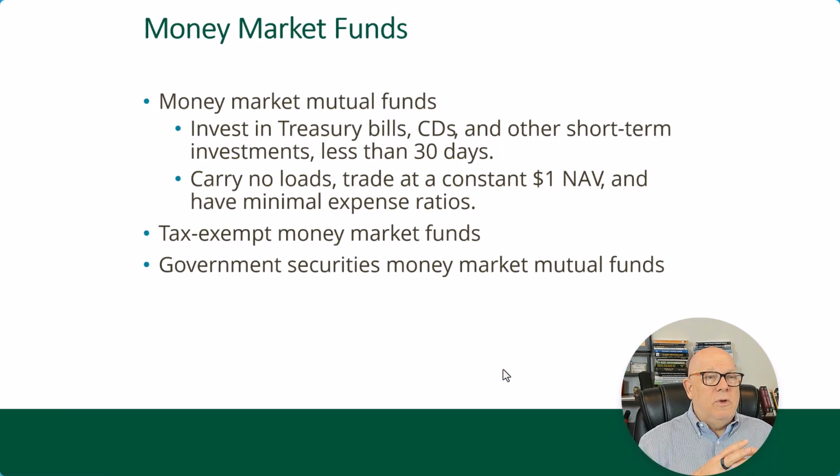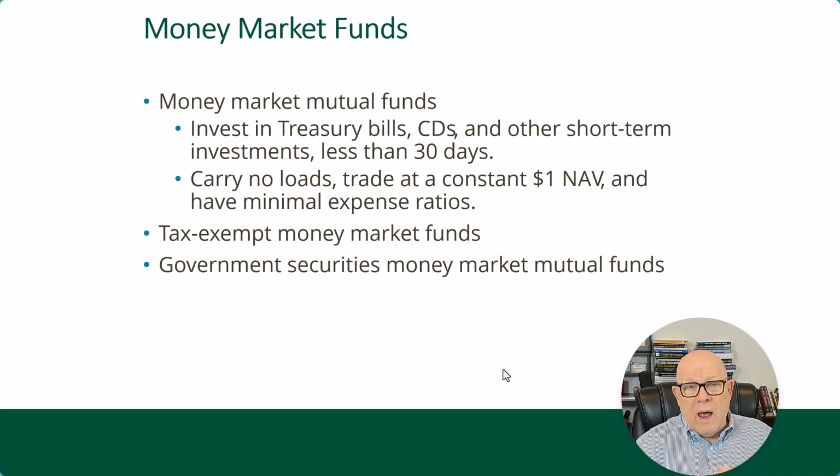So now let's talk about different types, and we're not going to talk about every single variation, but there are money market mutual funds and money market ETFs. They're investing in very short-term treasury bills, CDs, and other things. So it's like having a cash account at the bank, but these money market funds typically pay a higher rate of interest.